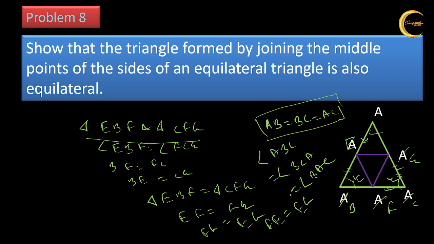So now you see here all sides are equal. So EF equals FG equals EG. So now you say these three sides are equal. So this triangle EFG is equilateral. Equilateral triangle. This is good.